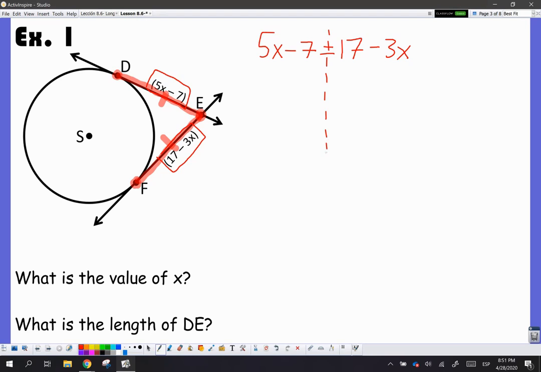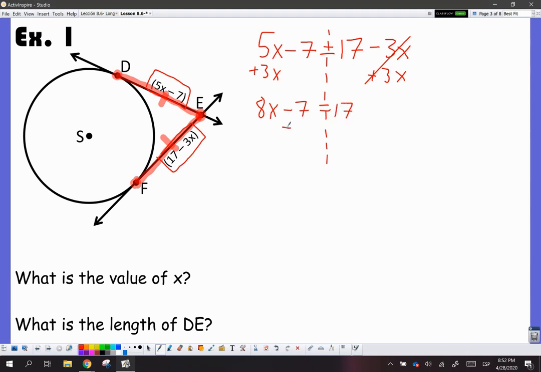Now we've done some solving already in the past couple of assignments, so I'm not going to go too in depth here because I'm sure you guys already know how to do this. So let's start by canceling the 3x. I'm going to add 3x to the side and I get 8x minus 7 equals 17. I bring that down.